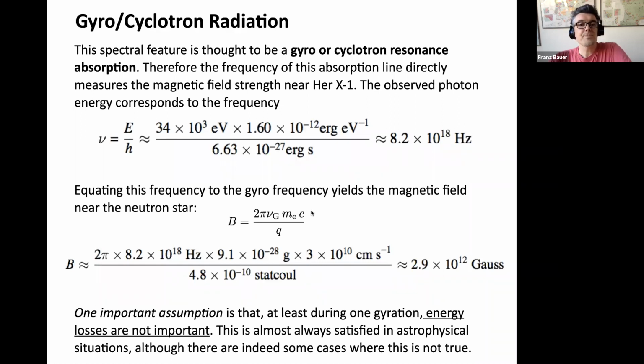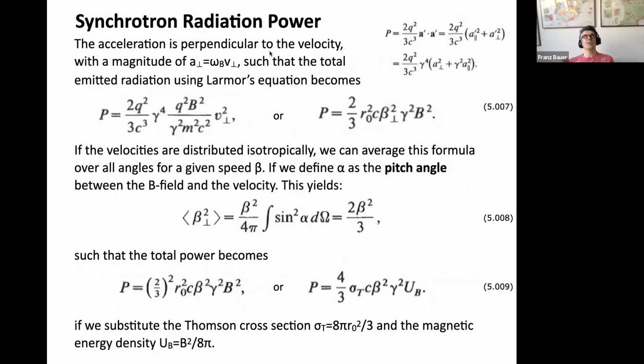We can also factor this into the Larmor formula, which is given by this. We have a perpendicular component of the acceleration and a parallel component, and we end up with an extra gamma to the 4 here and an extra gamma squared in the parallel component, if there is any.